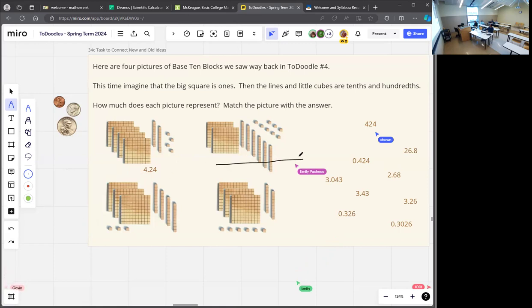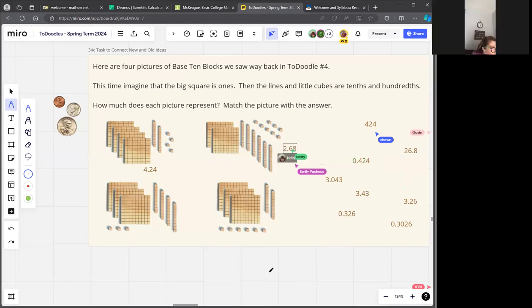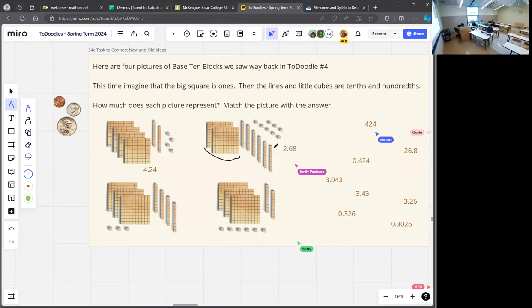Okay, let's do this one. What number on the right has 2 wholes and all the rest of the change? What number here on the right hand side? There's 2 wholes and then a bunch of other little stuff. This one? Yeah, so there's the 2 wholes.